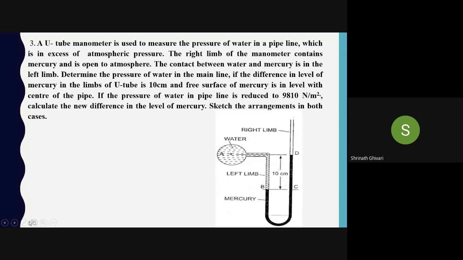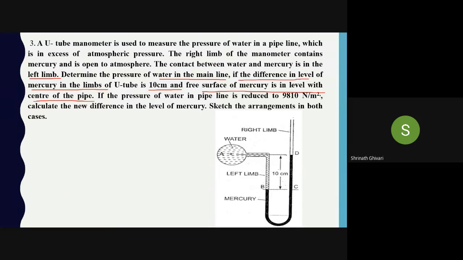Okay, so where I was. In the left limb, we are having water and there is an interface between water and mercury. Determine the pressure of water in the main line, if the difference in the level of mercury in the limbs of the U-tube is 10 centimeter and the free surface of the mercury is in level with the center of the pipe.